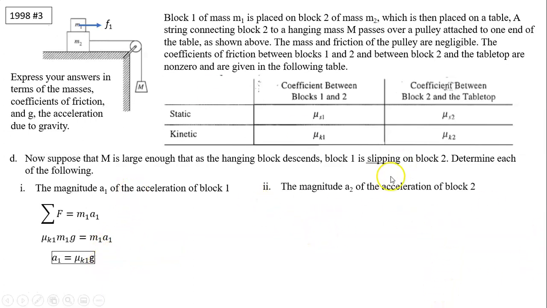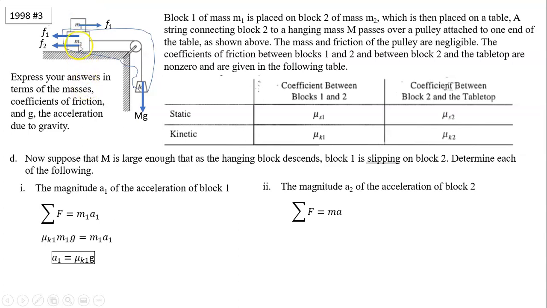Part 2 of D: what is the magnitude A2 of the acceleration of block 2? Again, we use net force equals ma, so we just have to find the forces. Let's do a free body diagram. If here is the system, what are the forces acting on it?